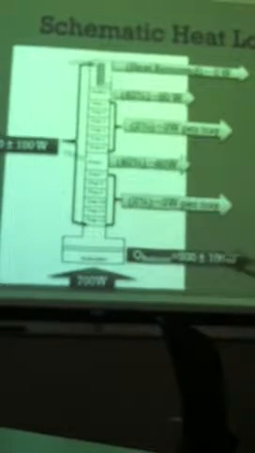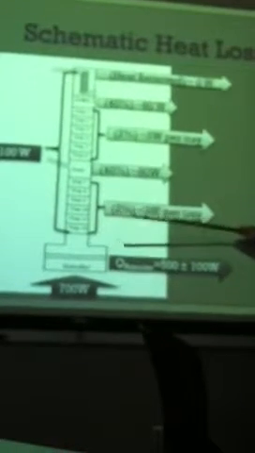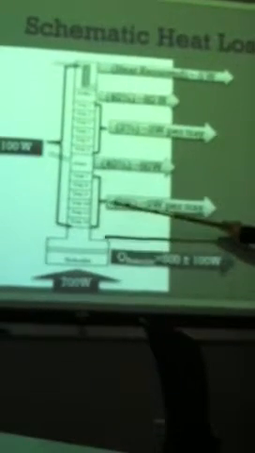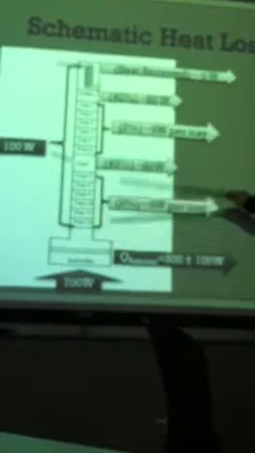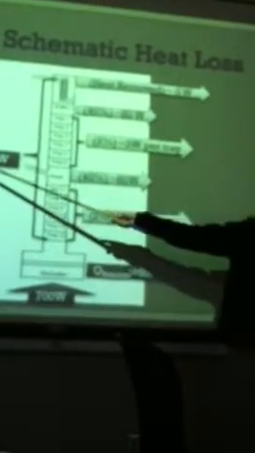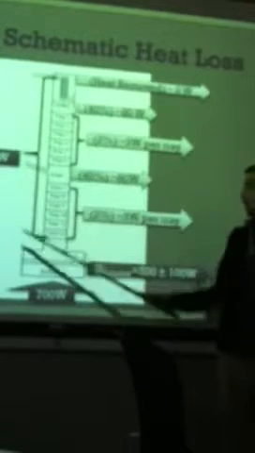So if we plug in 700 watts to the whole column, we know that there's 500 plus or minus 100 being lost by the reboiler, since at 400 watts, the whole column is not heated anymore. And that means there's 200 watts being lost by the whole column.